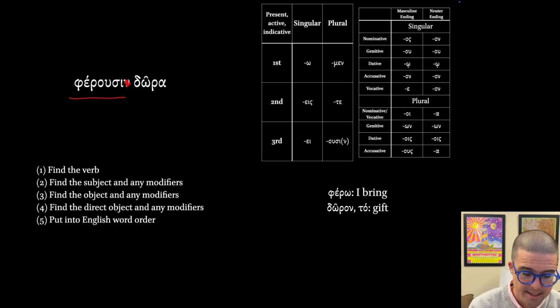And we have to decide with this word, we look at its ending here, that alpha ending. It can either be a nominative or an accusative neuter plural. If it's the nominative, it's the subject of the verb. It's the one doing the bringing.